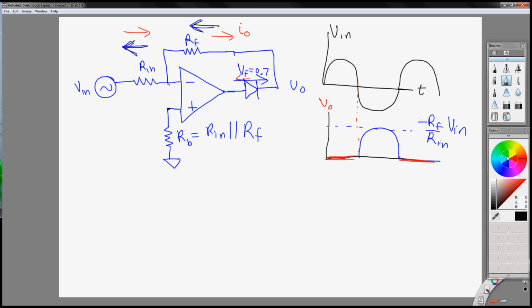But what about your VA? Let's call this point VA, and let's examine what happens during the positive cycle.